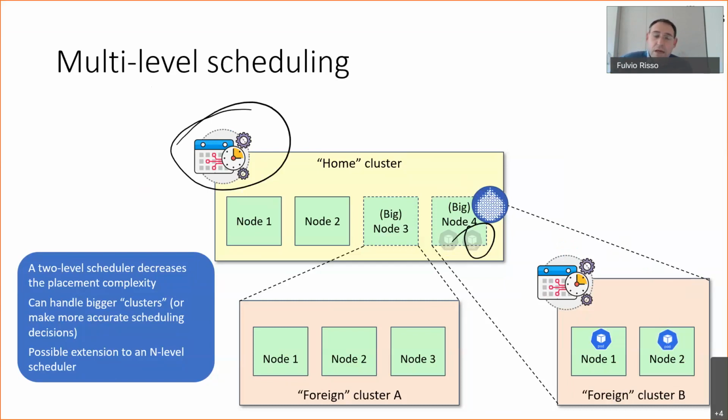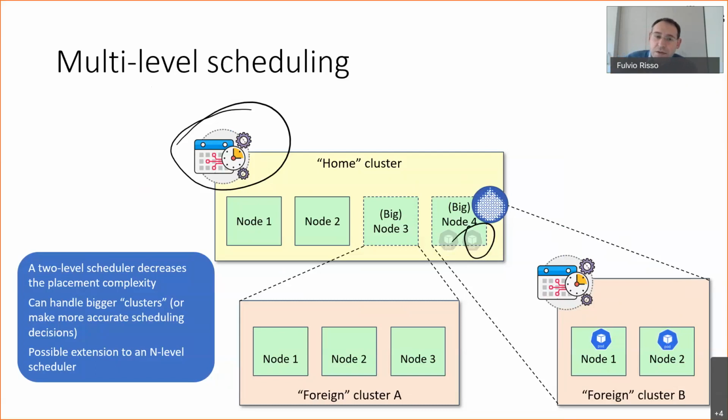And second, we can potentially increase the accuracy of our scheduler, because if your scheduler becomes more scalable, you can add more information, so more accurate scheduling in your cluster, like having more constraints or adding more parameters that can be used to select your best location for your services.